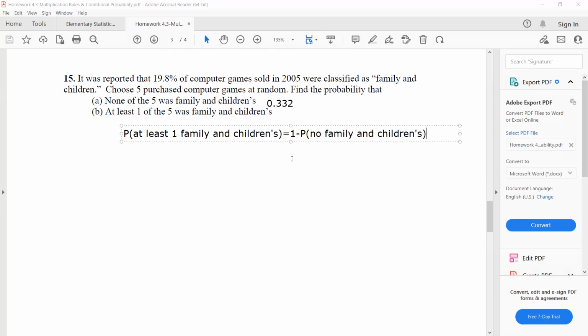So here we're going to have 1 minus 0.332 because I already have that answer. If you want to write the actual calculation, it's 1 minus 0.802 to the 5th.